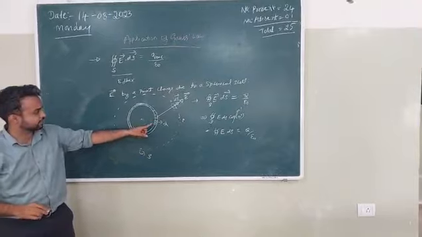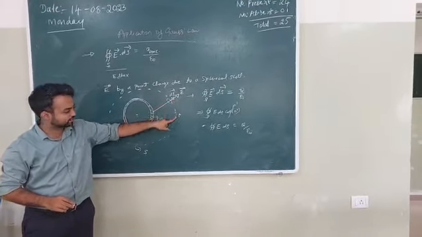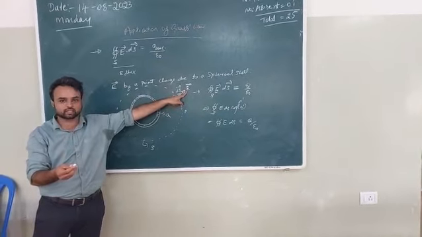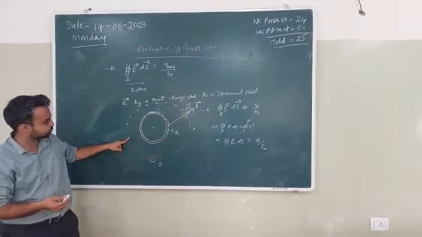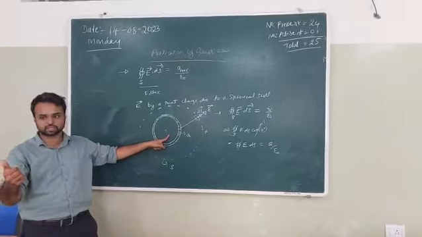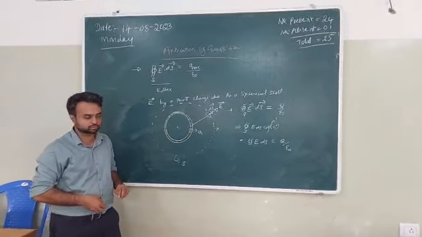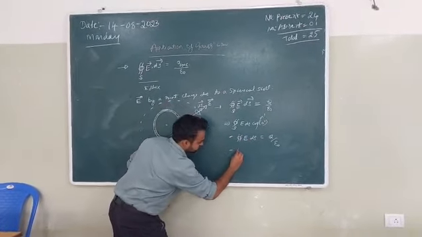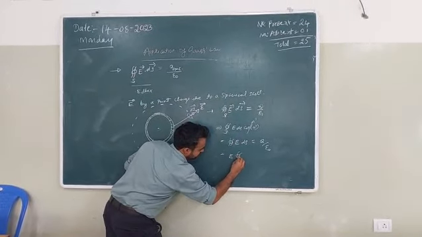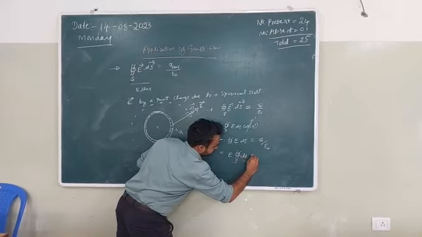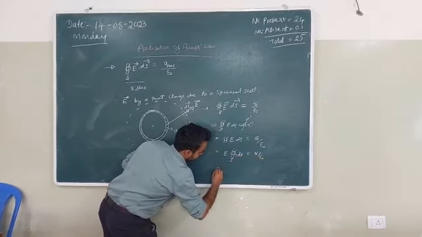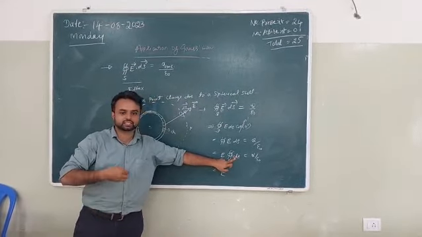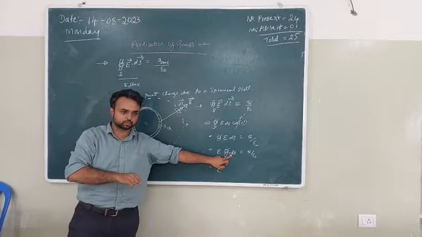Now as you can see, the magnitude of the electric field is constant everywhere on the surface. Why? Because first of all it is symmetrical, and secondly the distance is the same. So we can take the electric field E outside the integration. We get E times the double integral over S of ds is equal to Q by epsilon. Now what is the double integral of ds? Integration is nothing but summation of continuous variables.